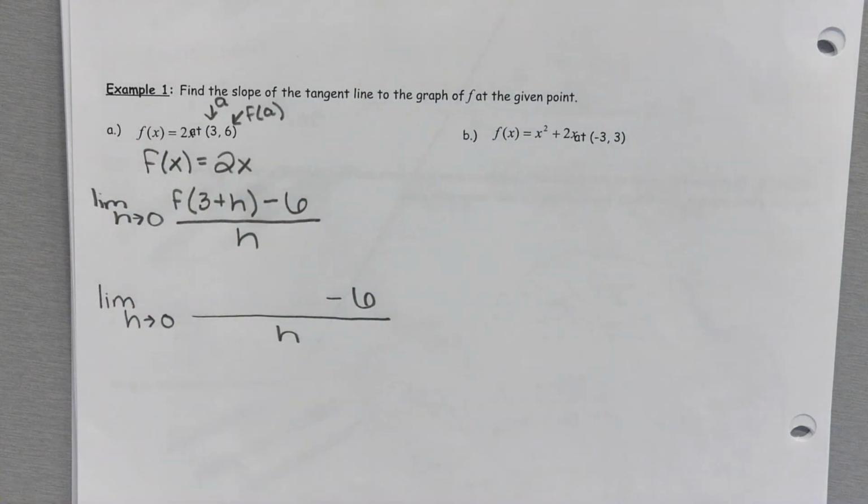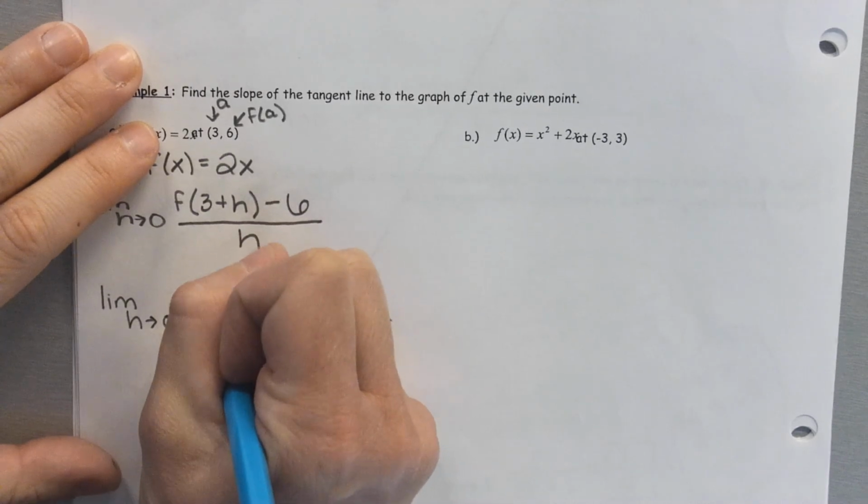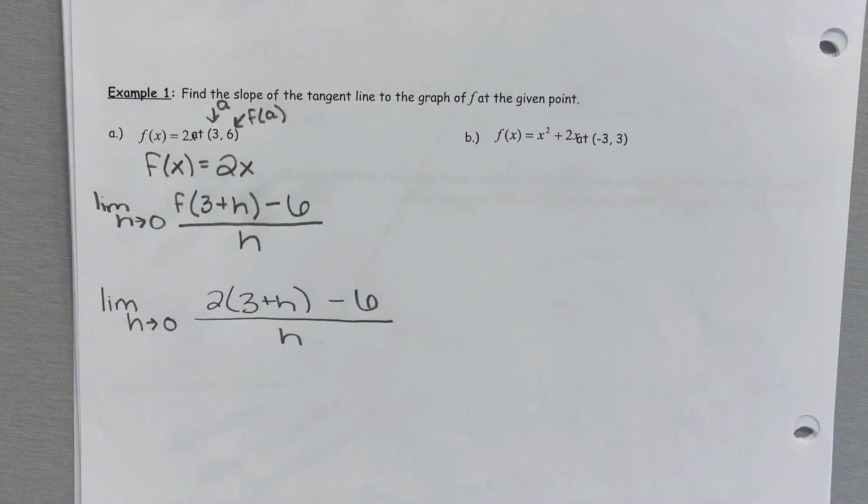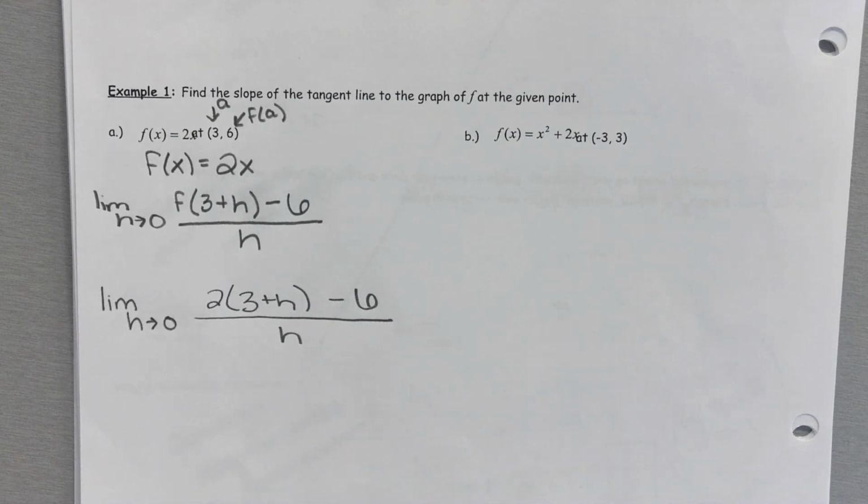But this I can actually plug in. I can take my 3 plus h and plug it in place of the x. So if I plug it in, I'm going to get 2 times all of that. So I'm going to have 2 times this 3 plus h business. So again, I'm taking this and plugging it into f of x. So I'm taking the 3 plus h and plugging it in right there.